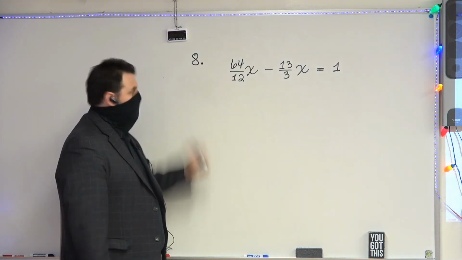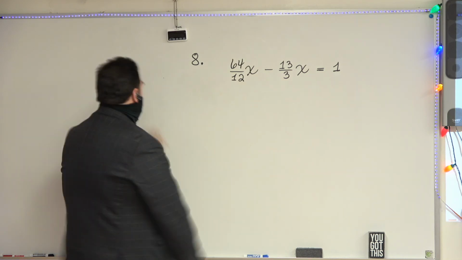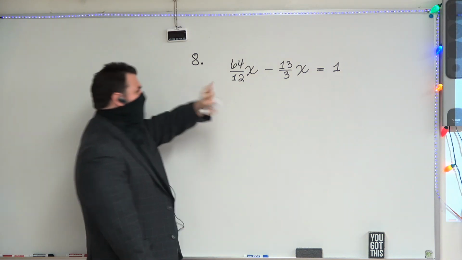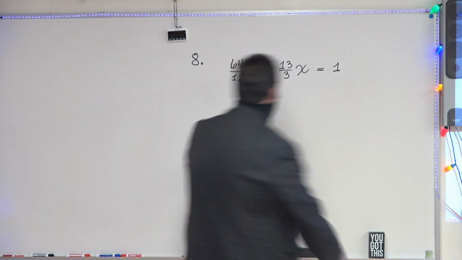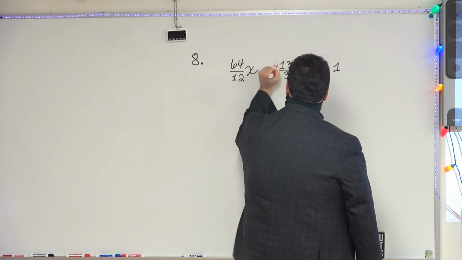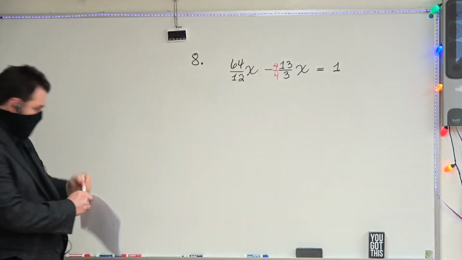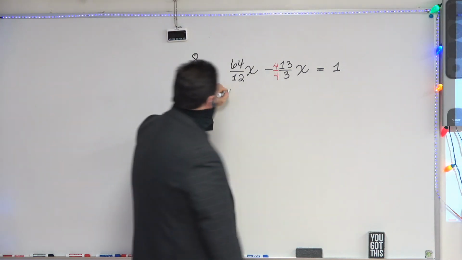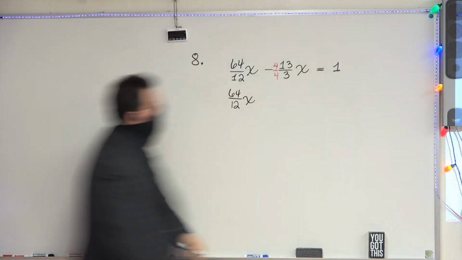The least common multiple, count up with the 3's. 3, 6, 9, 12. Okay, so you multiply the top and the bottom by 4. Remember, you have to multiply by 4 over 4. You don't have to touch this fraction, so we'll just rewrite 64 over 12x.